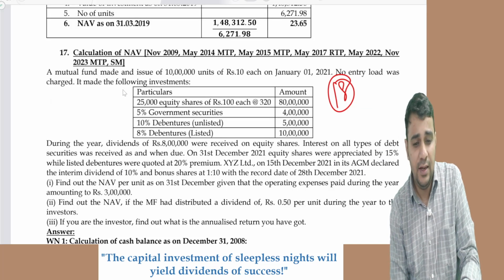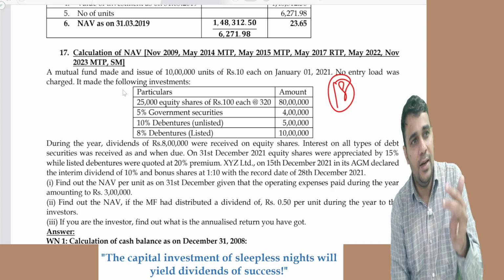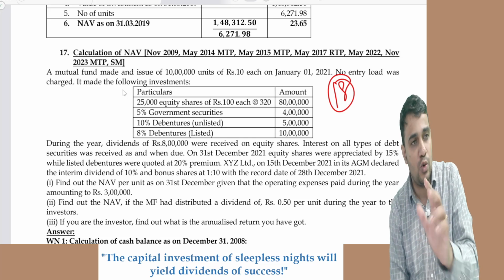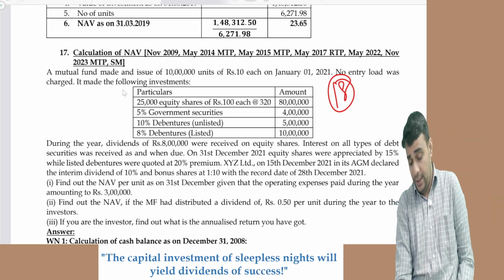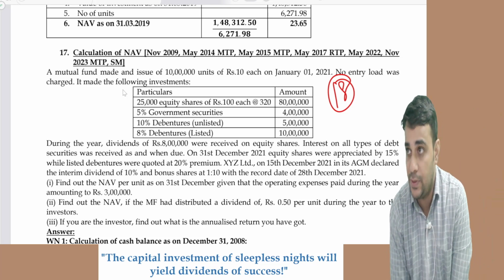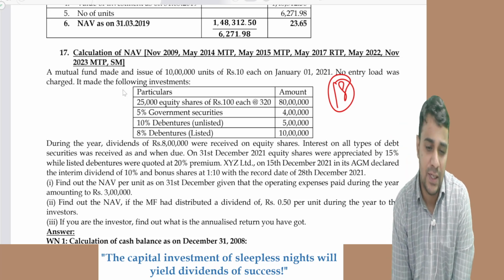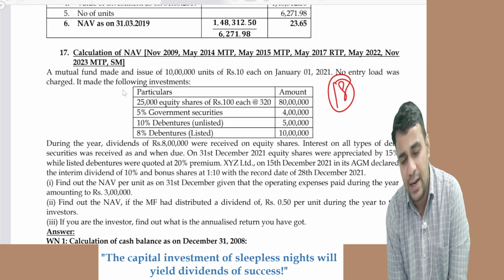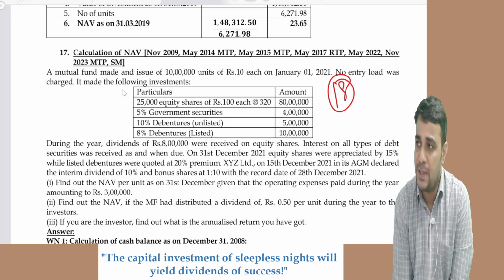After this, interest on 5% government security, interest on 10% debenture, interest on 8% debenture, assuming all those are at face value. Interest is on face value, not on the price which I pay. So multiply 5% into 4 lakh plus 10% into 5 lakh plus 8% into 10 lakh, and tell me a single amount.